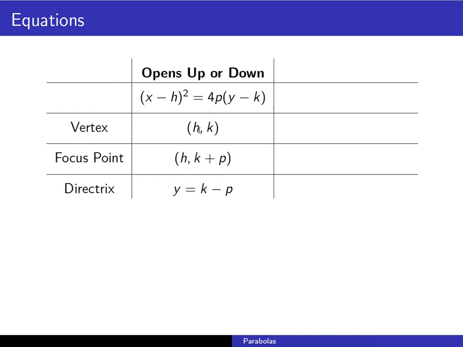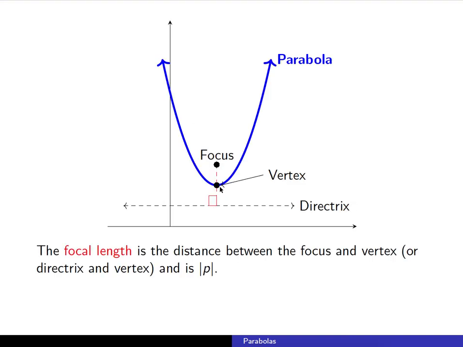The vertex of our parabola is h comma k. So the h is here and k is here. Notice the minus is in front of them, which we'll see what happens with when finding the vertex when we look at the equation a little bit later on. Our focus point is going to be, if this is the coordinate of our vertex, remember p represents the distance from the focus to the vertex.